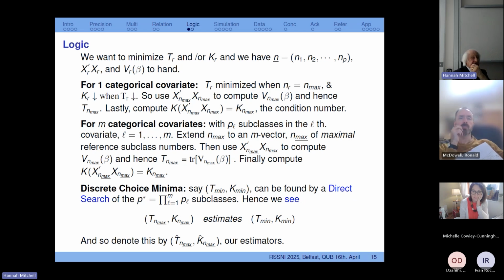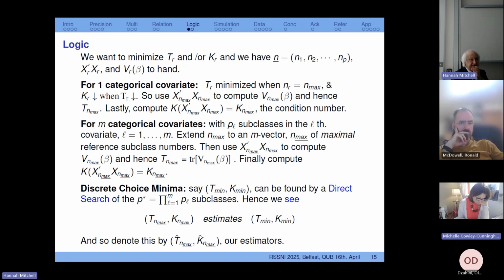So here was the logic of our approach. We'd like to minimize TR and KR preferably, or KR on its own. We'd like to have some form of minimization. And we have the observations to hand. We're still in the linear model framework. And so we can have the cross product matrix, and we can have the variance-covariance matrix for any situation. Now, for one categorical variable, we know that TR is minimized when the reference subclass is picked as that subclass with the maximum number of observations.